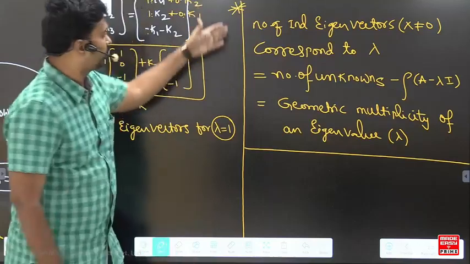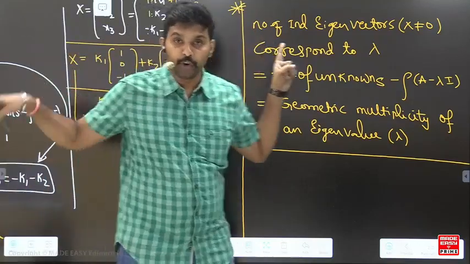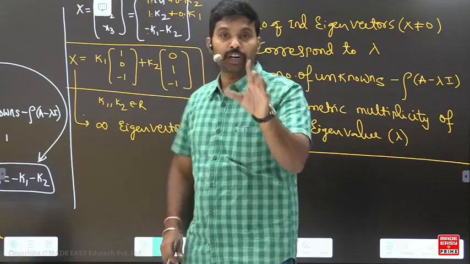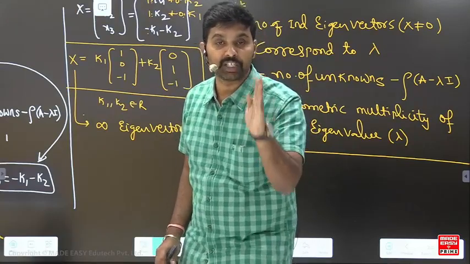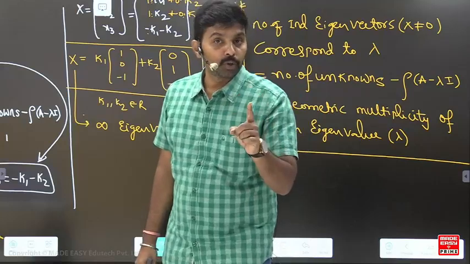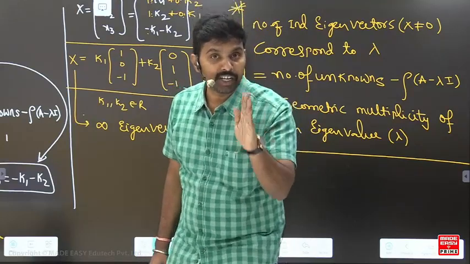This is what I have shown you by the question here. From the question, first of all, you understood that the eigenvector is the solution of a homogeneous system. Among the solutions, how many are independent?